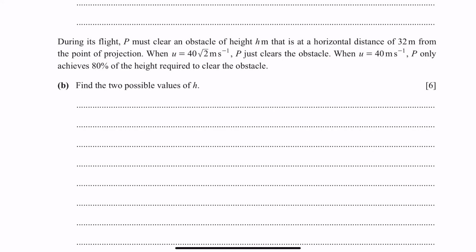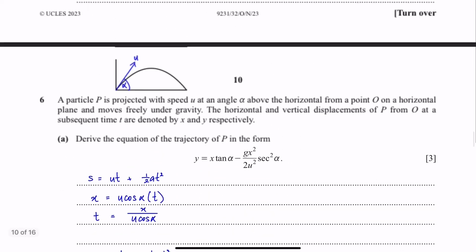For part B, during its flight, P must clear an obstacle of height h, and the horizontal distance is 32 meters from the point of projection. When u is 40 root 2, P just clears the obstacle. That means it reaches just nice at the obstacle. And when u is 40, P only achieves 80% of the height required to clear the obstacle.